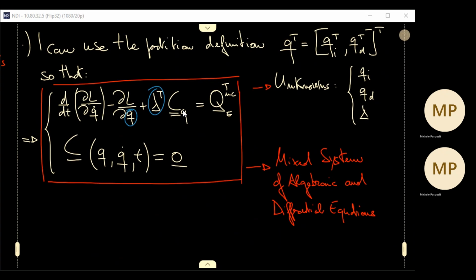And if you want to know, this is the way Adams and most software take all constraint equations. Why? Because, as I told you, this is general. It works for every kind of constraint. All right? But this explodes the dimensionality of the problem.